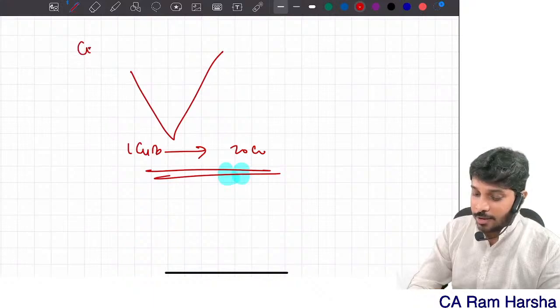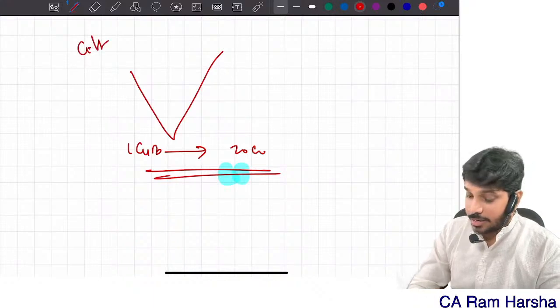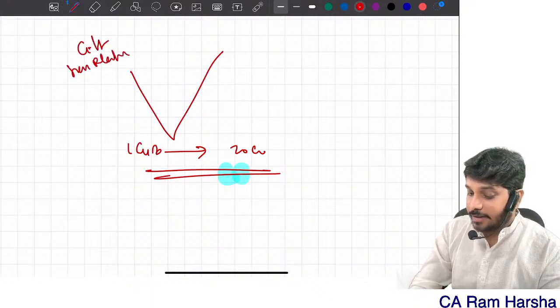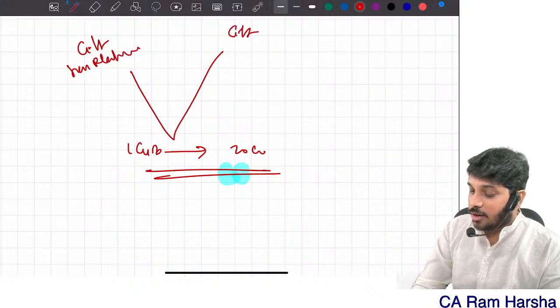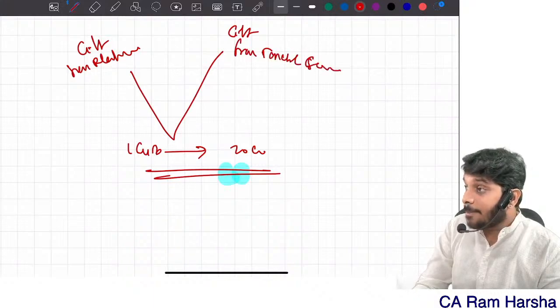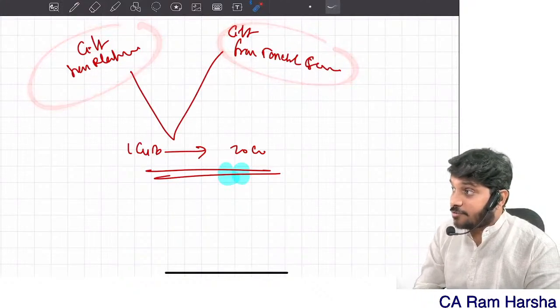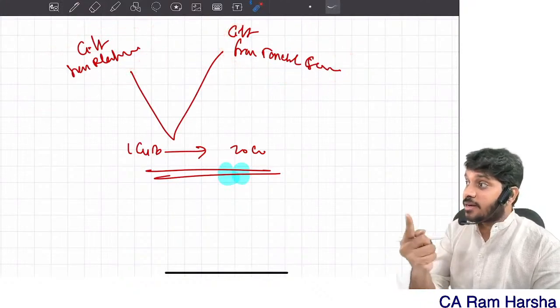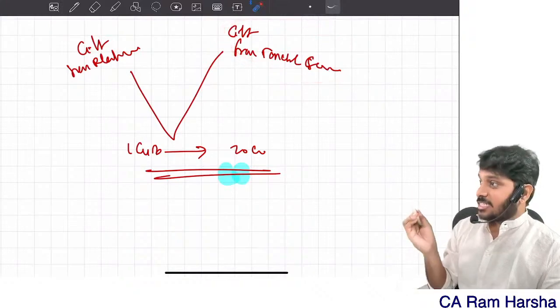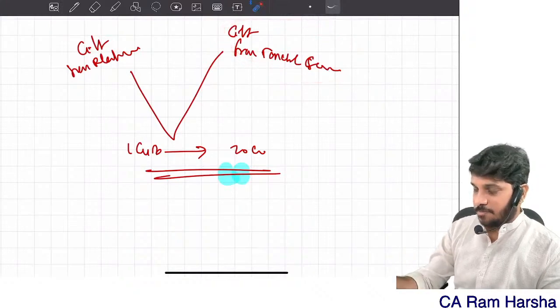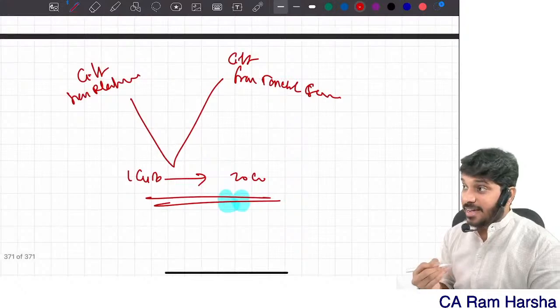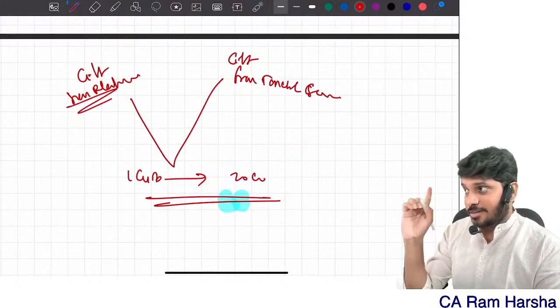One, I got it as a gift from a relative. Or I got it as a gift from taxable sources. Sir, what is a gift from a taxable source? A gift from a relative is a non-taxable gift. A gift from anybody else is a taxable gift. Suppose I got it as a gift from my relative. That is exempt for me under income from other sources.